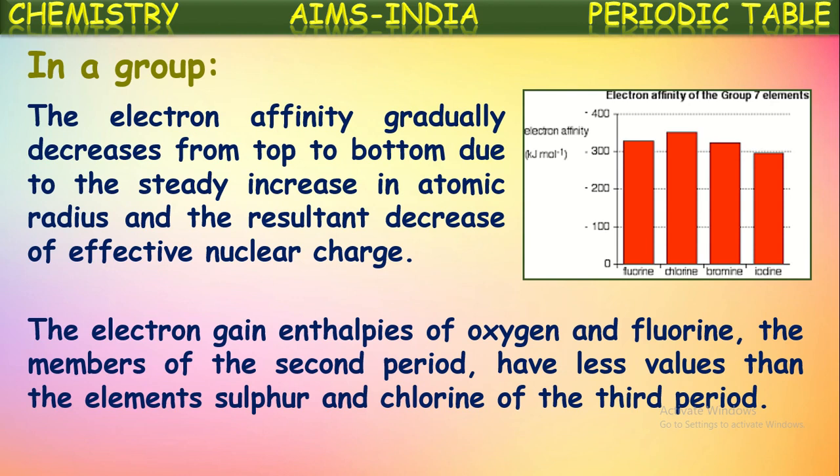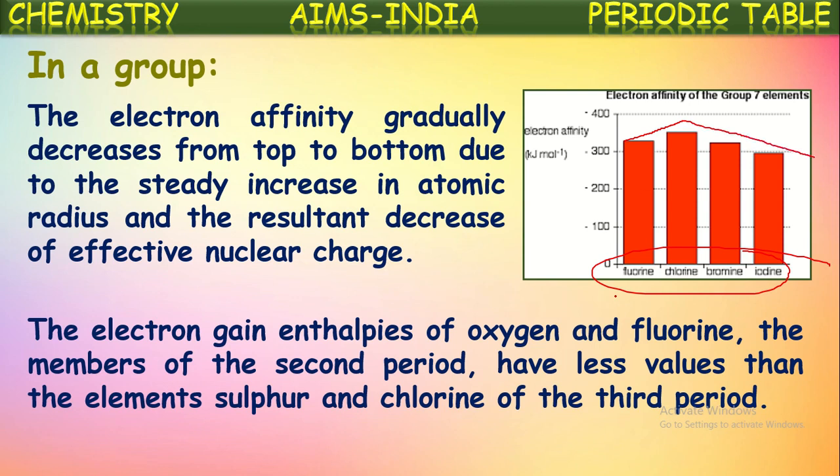The electron gain enthalpies of oxygen and fluorine, the members of the second period, have lower values than the elements sulfur and chlorine of the third period. So we are saying electron affinity in a group from top to bottom decreases. But if you observe the seventh group elements, that is halogens, fluorine, chlorine, bromine and iodine, from fluorine it increased to chlorine and then decreased till iodine and astatine.